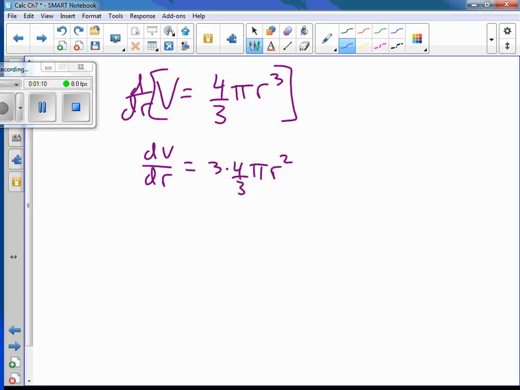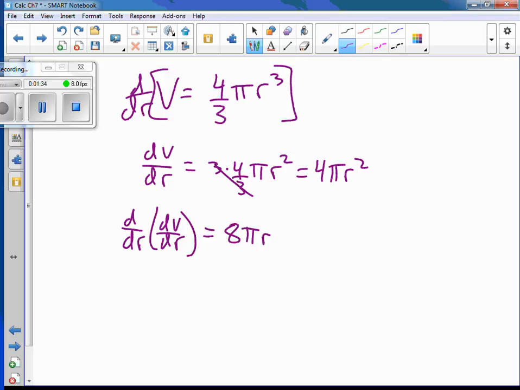This simplifies down to 4 pi r squared. And if we take the derivative one more time, we would get 8 pi r.